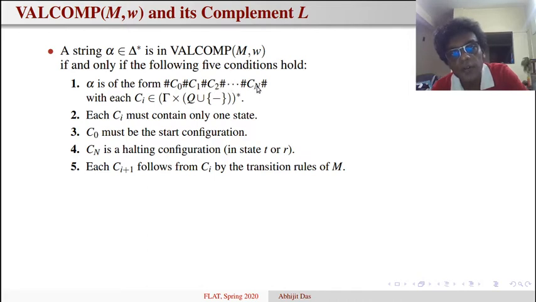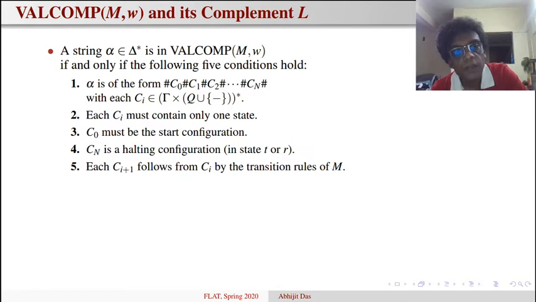Eventually Cn must follow in one move from Cn minus 1. So the first 4 conditions are actually easy to check because this is just checking for the correctness of the string, whether it is syntactically correct. For the fifth one we have to look at the transition rules of M.